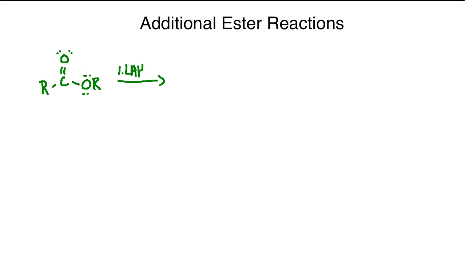So lithium aluminum hydride, this is a times two equivalence, similar to the acid chloride, followed up with H3O+, is going to give us a primary alcohol. And that's expected. That's what most of the reductions are going to do. If we have aldehydes, carboxylic acids, or esters, we get primary alcohols; ketones turn into secondary alcohols, but an alcohol is the general product that we recover when we do reductions.